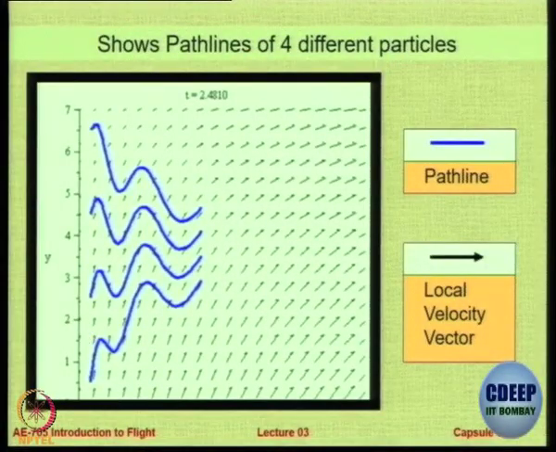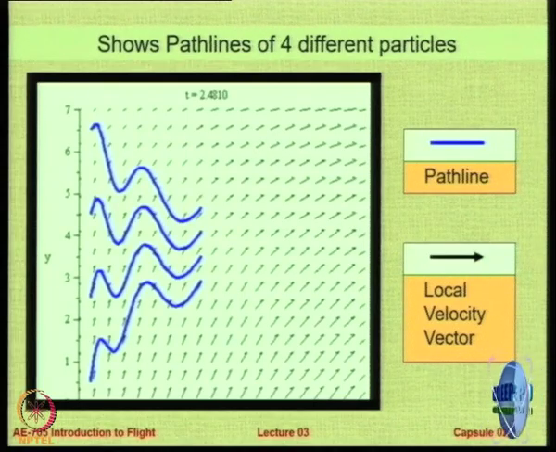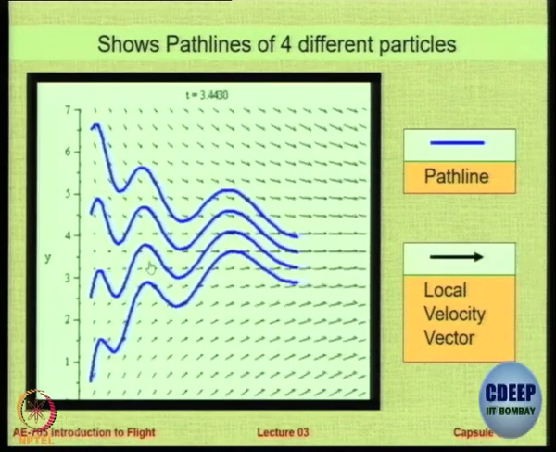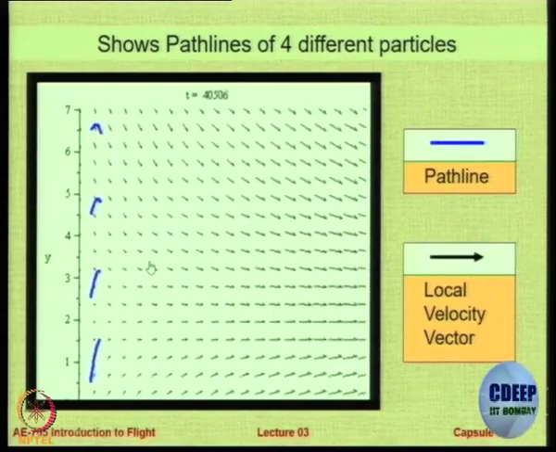Okay. So here is a small animation, and on the top we have a T. We ran a small animation for a typical case where the blue colored lines are the path lines of these four particles and the local velocity vector is shown by the black arrows, as a function of time.